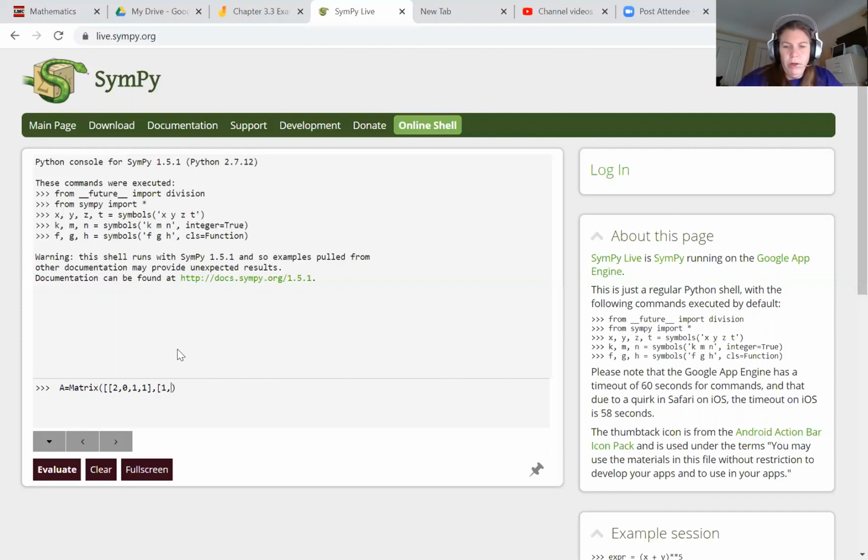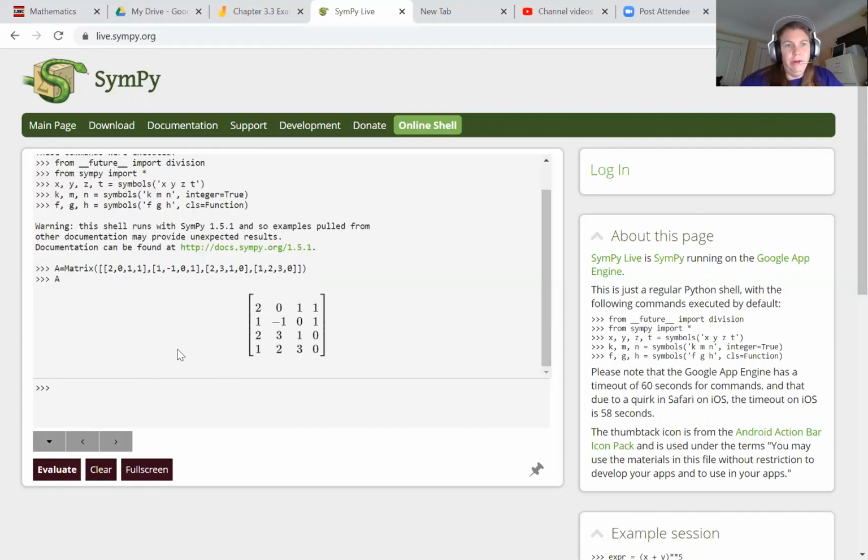Then the next row is 1, negative 1, 0, 1. The third row is 2, 3, 1, 0. And the fourth row is 1, 2, 3, 0. So here's matrix A, and then we'll enter matrix B.